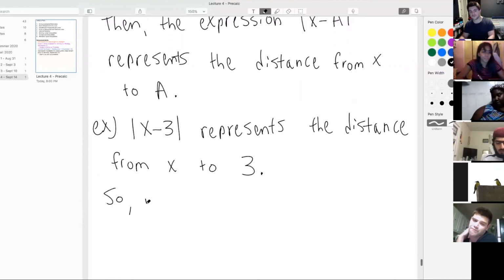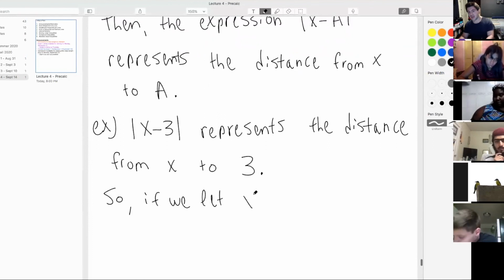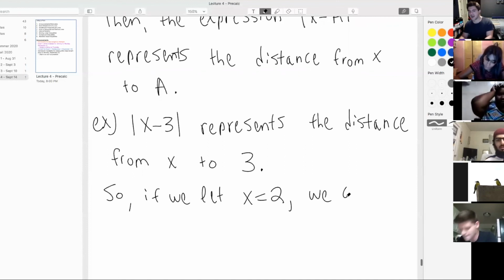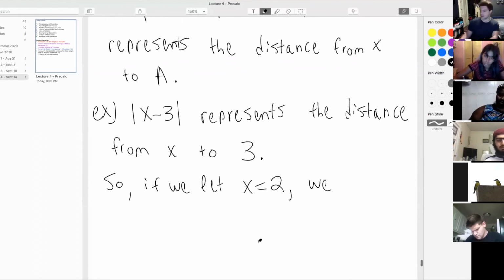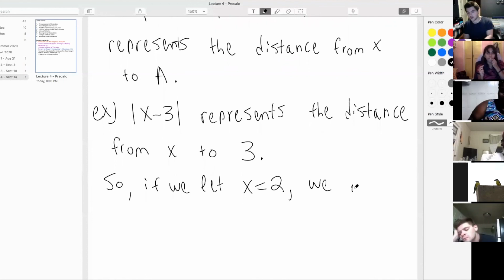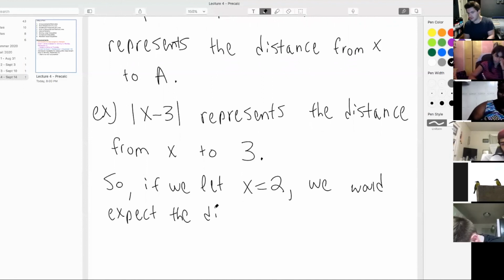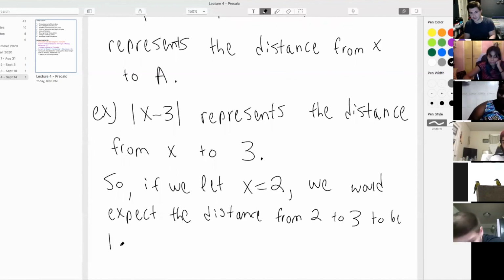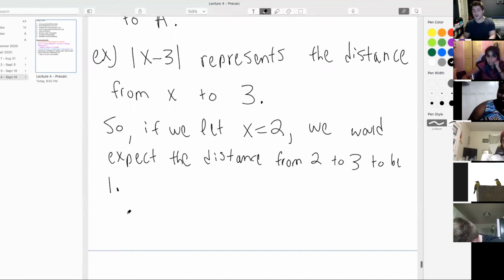All right, so if we let x equal 2, we would expect the distance from 2 to 3 to be 1, right? Because they're literally 1 unit apart on the number line.